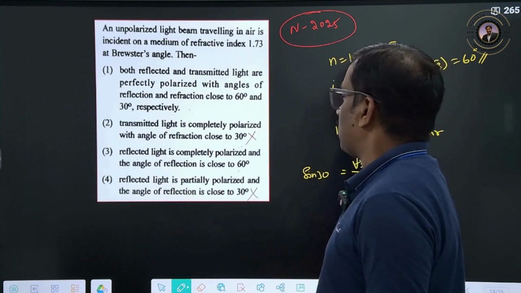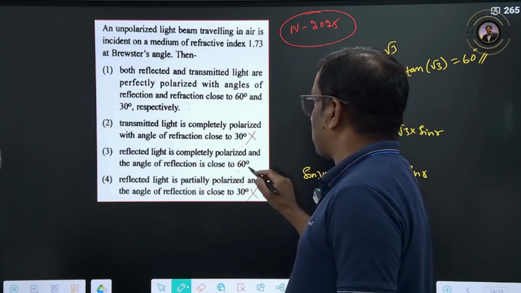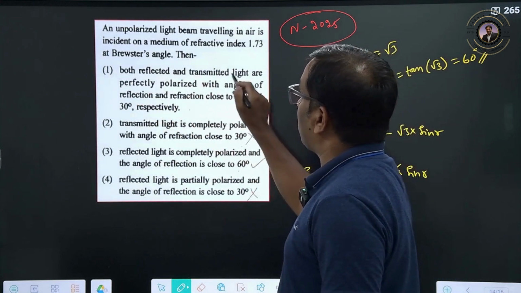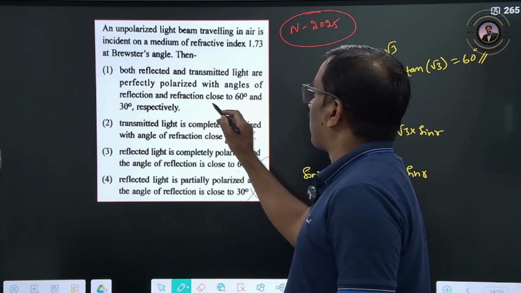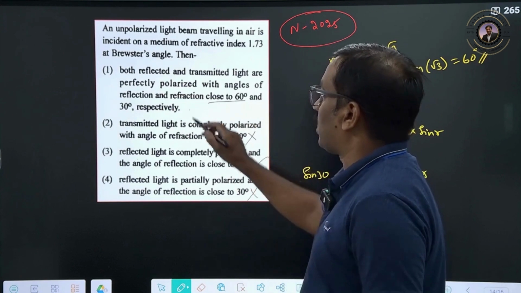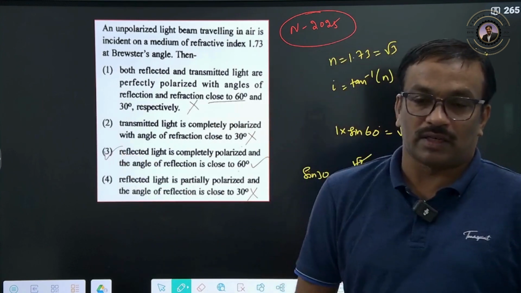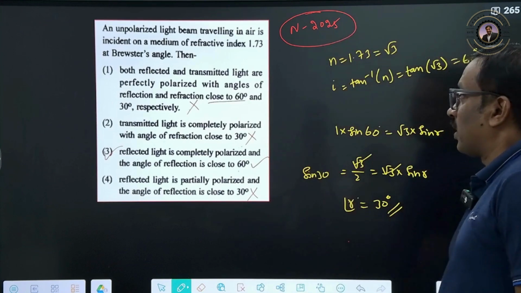No, this is wrong. Reflected ray is completely polarized, angle of reflection is close to 60 degree, this should be the correct one. The option saying both reflected and transmitted light rays are partially polarized with close to 60 degree means completely polarized, so this option will be wrong. This option will be the correct answer. Clear? It is made to confuse you here.